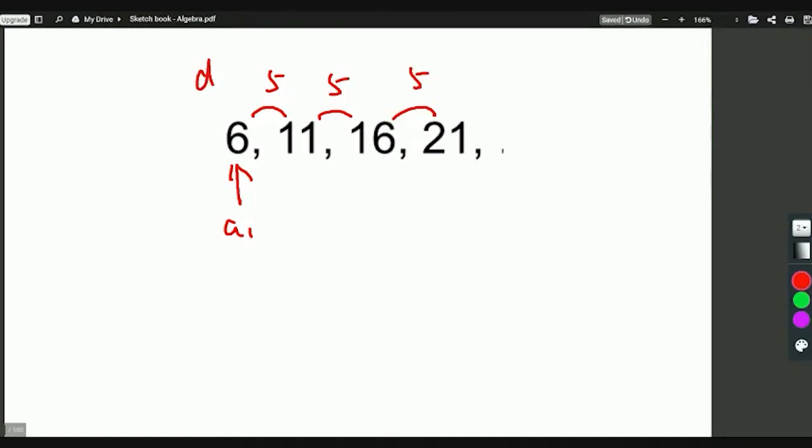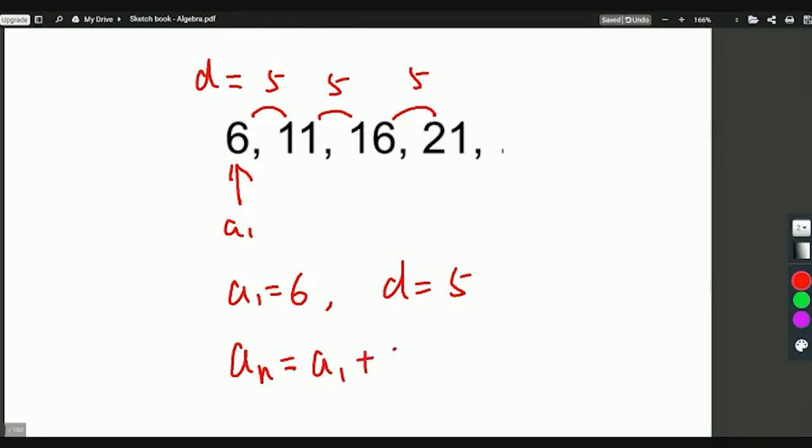So our common difference is 5. You've got to be clear about that. A1 is 6. Common difference is 5. And the formula is going to be our first term plus n subtract 1 then times d. Since the first term is 6 and d is 5, it's going to be 6 plus n subtract 1 times 5.